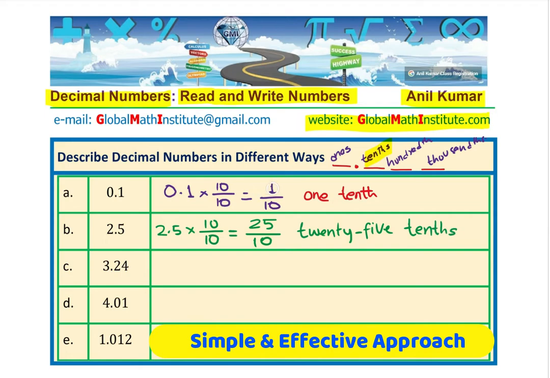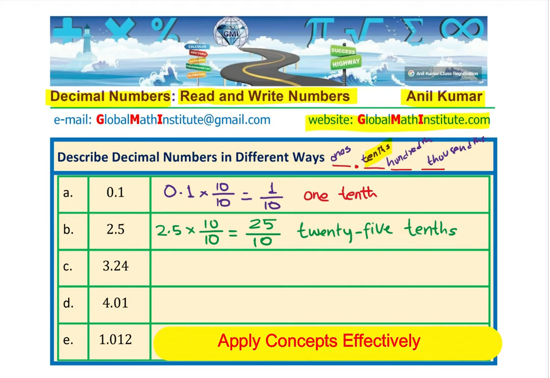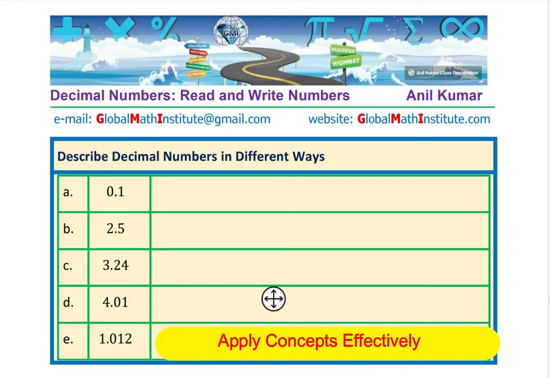Now, since that number was 1, we had tenth, and now it is tenths, as the number is more than 1, right? So that's a general way of writing it. You get the idea. So we wrote this number 2.5 as 25 tenths, correct? Now, we could write this in a different way also. So I have a parallel chart here. So I've copied the same numbers.